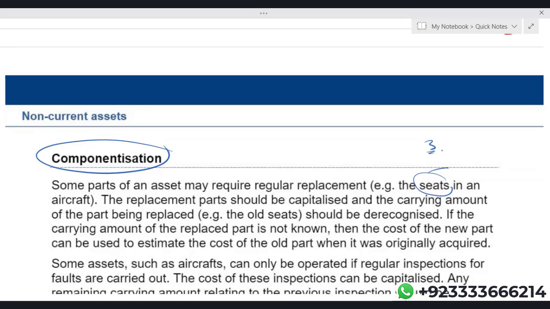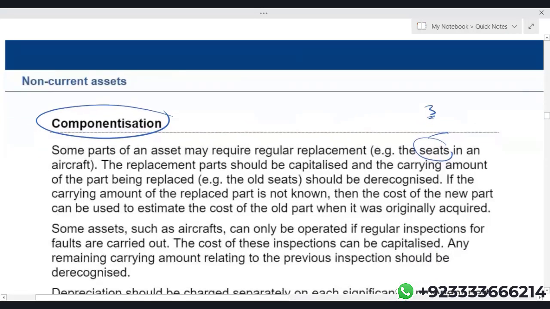That's very simple. If two or three components have the same life, then obviously you can club them and depreciate them together. But normally each component will have a separate life, so it will be depreciated separately. And if the life has completed, the old component will be replaced, the new one will be recognized, and the previous one will simply be derecognized.